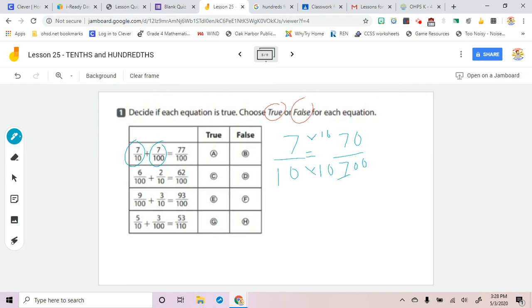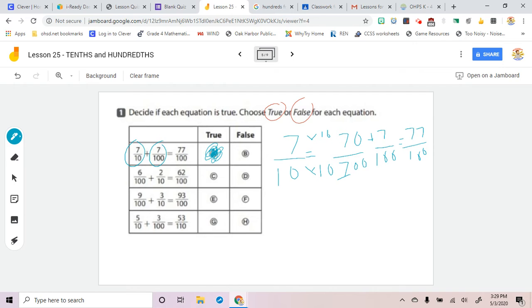And then I have 7/100. Is 70 plus 7 77? Yes. So this one would be true. 7/10 is the same as 70/100, so it's 77/100, true.